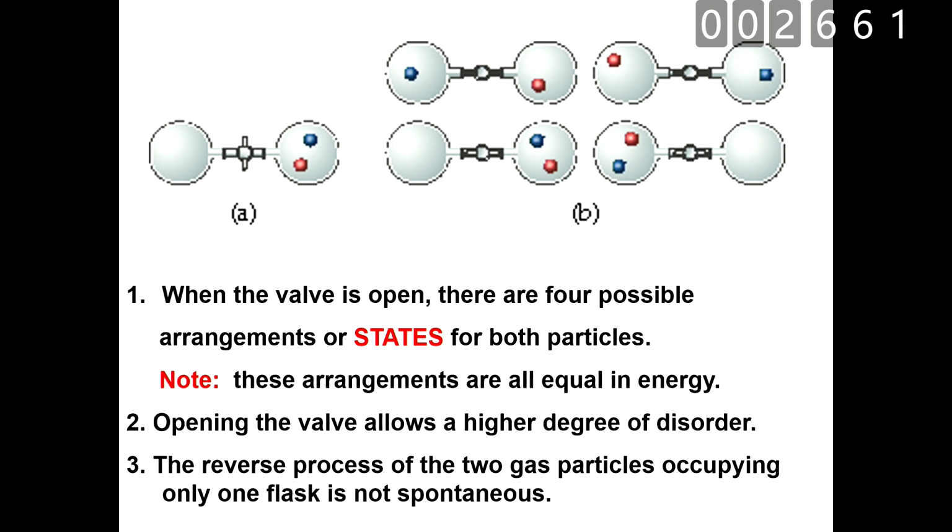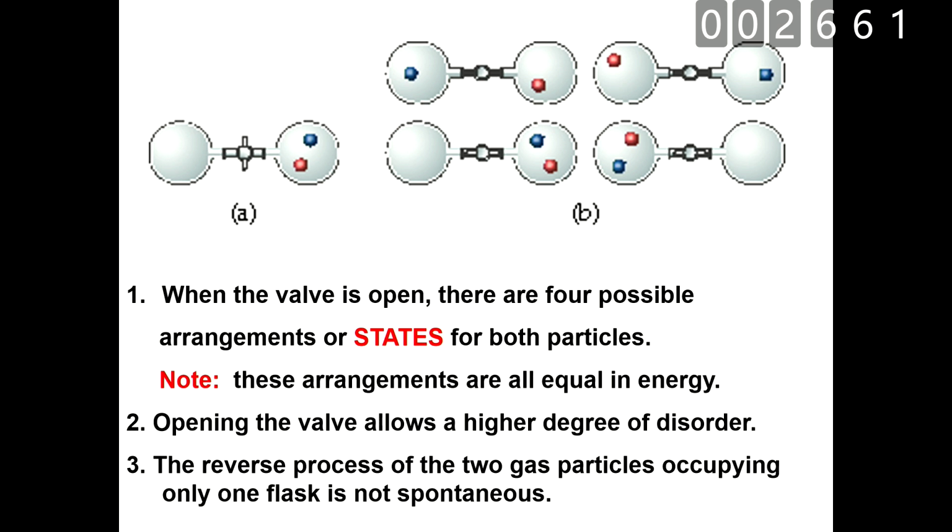So this means for a substance, the atoms in the crystal structure have fewer arrangements than in solution. Because in solution, they can move, it means they have more arrangements.